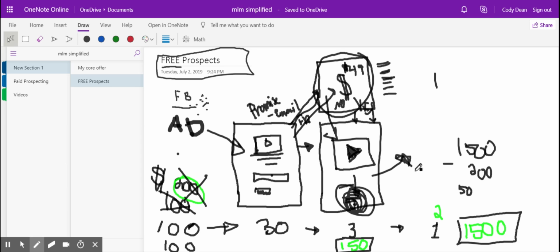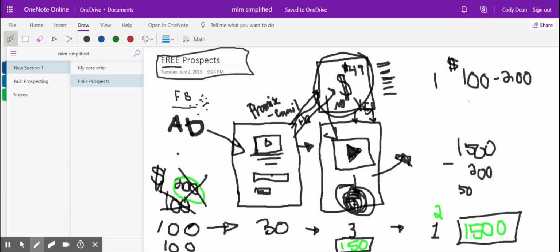Now, the thing with network marketing, it's super important that you run this kind of ad or this strategy, because if you, number one, run your ad right to your product or right to your opportunity, most products are between $100 and $200 that you're selling, but most MLMs only pay anywhere from 20 to 30% commission.